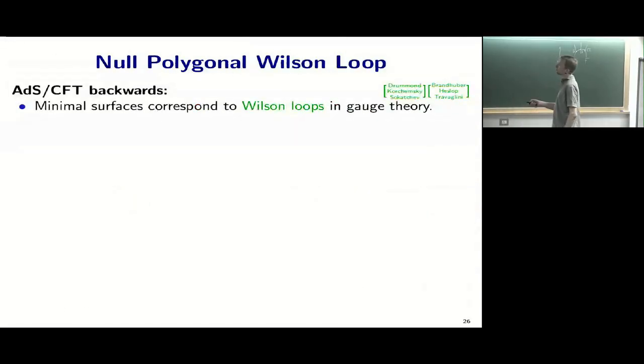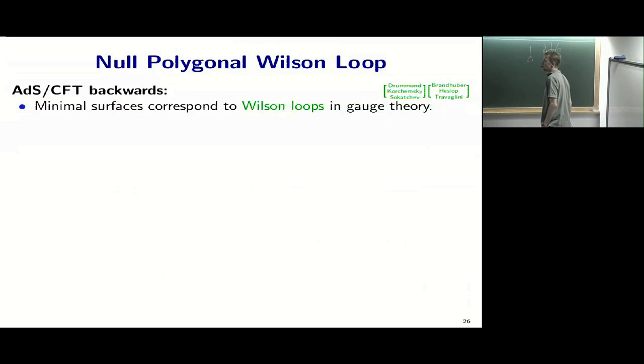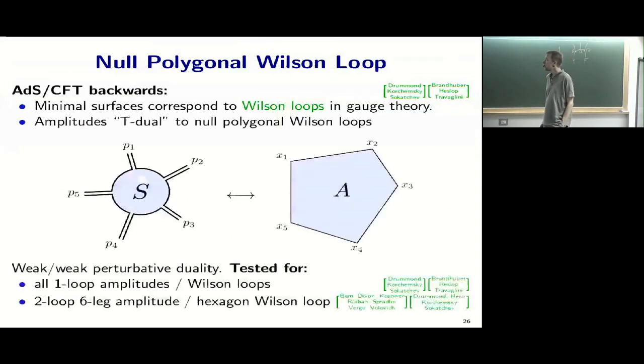But you can even go further. You can even apply AdS CFT again, because you know that minimal surfaces ending on the boundary are Wilson loops in the gauge theory. So in that sense, a scattering amplitude is dual to a Wilson loop.